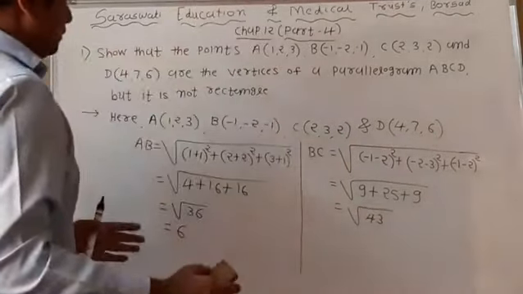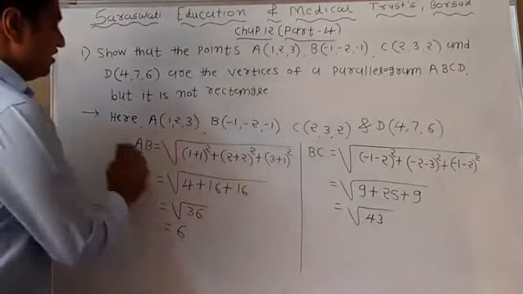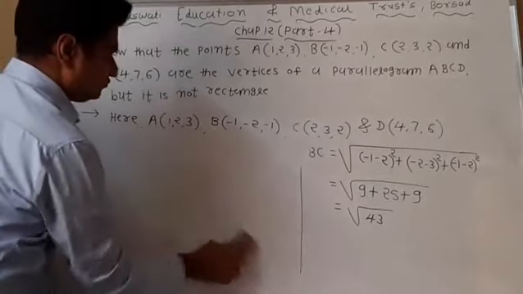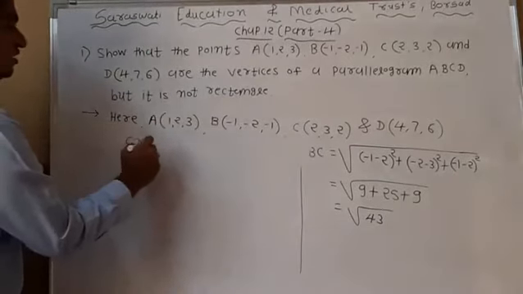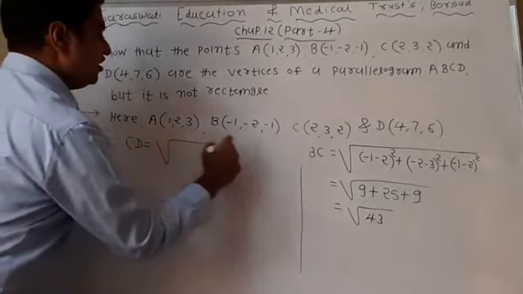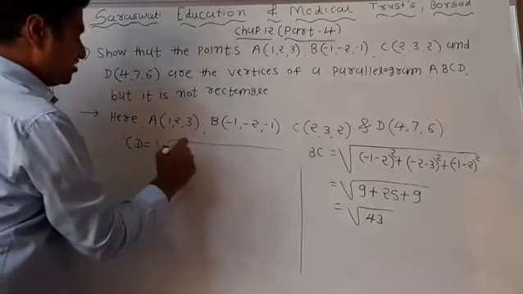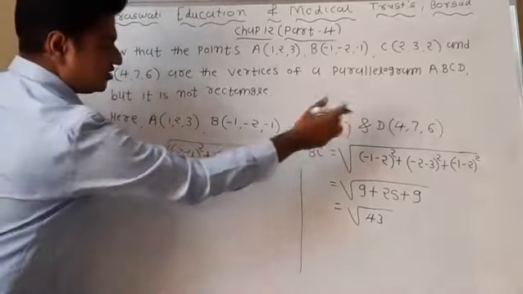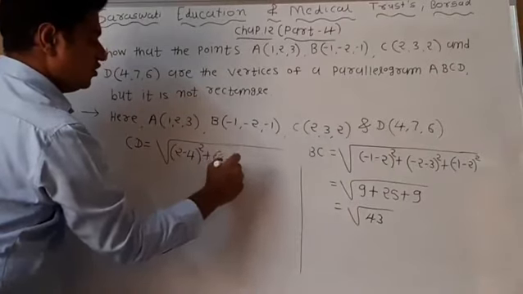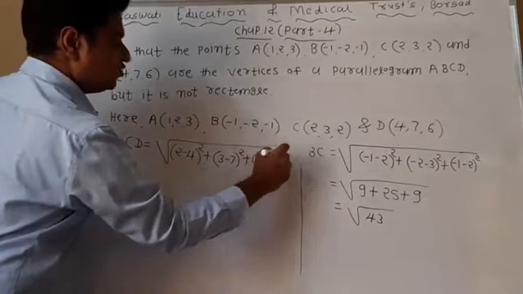Now find CD and DA. Therefore CD is equal to, again using the distance formula, (2 minus 4) whole square plus (3 minus 7) whole square plus (2 minus 6) whole square.